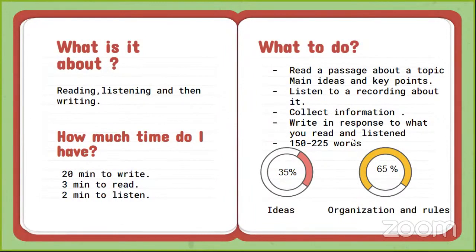Okay. What is it about? Reading, listening, and then writing. How much time do I have? 20 minutes to write, 3 minutes to read, and 2 minutes to listen. What to do? Read a passage about a topic, main ideas and key points.